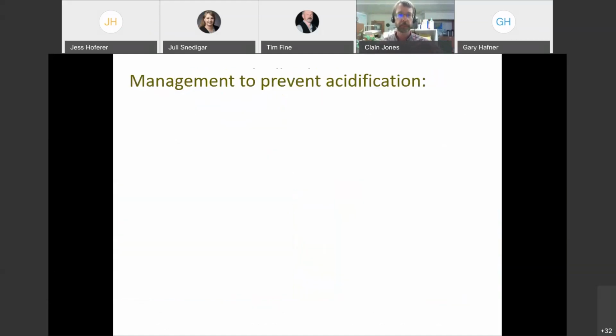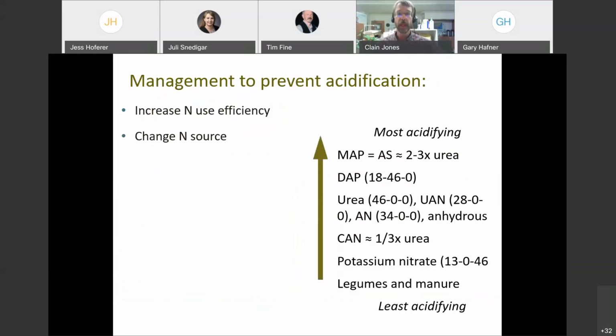So what are some things you can do as producers or crop advisors to prevent acidification? One would be anything you can do to increase nitrogen use efficiency, making every pound of nitrogen count, meaning get taken up by your crop rather than not.